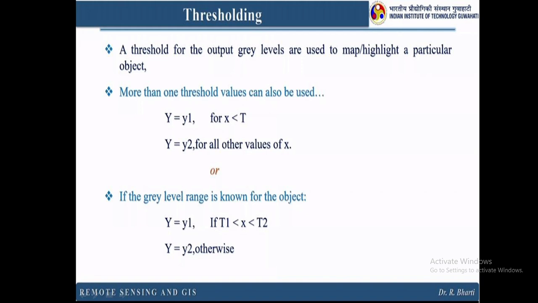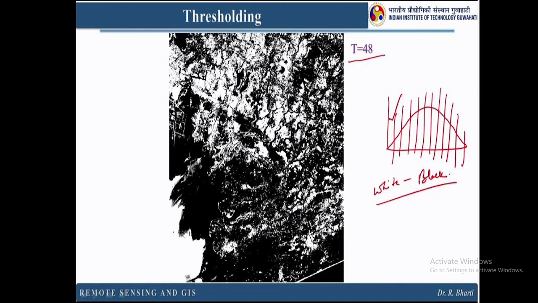Or, if the gray level range is known for the object, capital Y equals y1 if T1 is less than x and x is less than T2, and capital Y equals small y2 otherwise. This is the thresholding operation. With t equal to 48, the image shows the darker portion going from white to black.